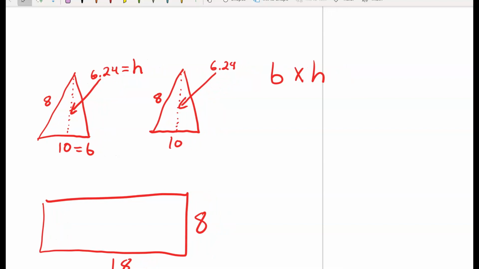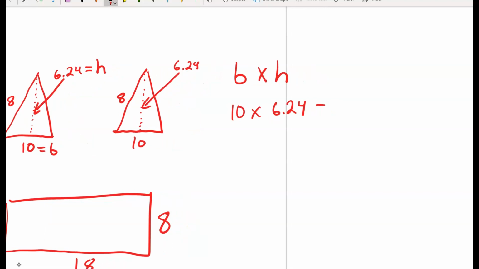So if we use the 10, which is the whole length across the bottom, and the height of our triangle, we don't have to multiply it by 2. So our base is 10 multiplied by our height, 6.24.